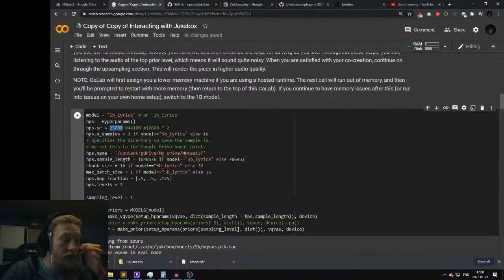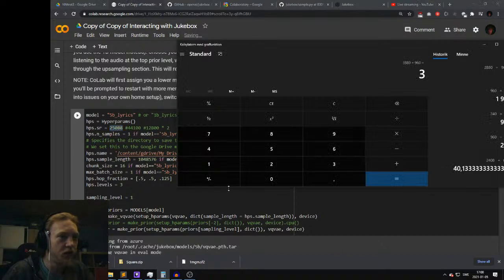So you need to find a good sample rate, and a common denominator would be 32 times 8 times 128, which is 32,768.